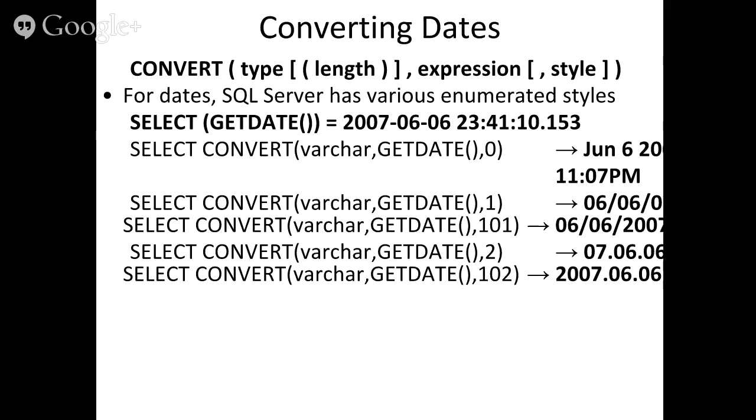This one means I want it in military format, 2007, dot month, dot year. If you use just 2, it'll give you a more abbreviated version. 101 gives you an abbreviated month, month, day, year representation. And 1 will give you an even more abbreviated version.